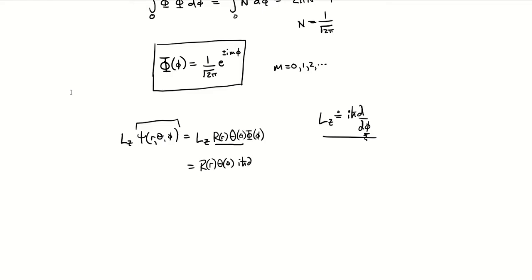i h bar partial phi acting on our function 1 over root 2 pi e to the plus or minus i m phi.